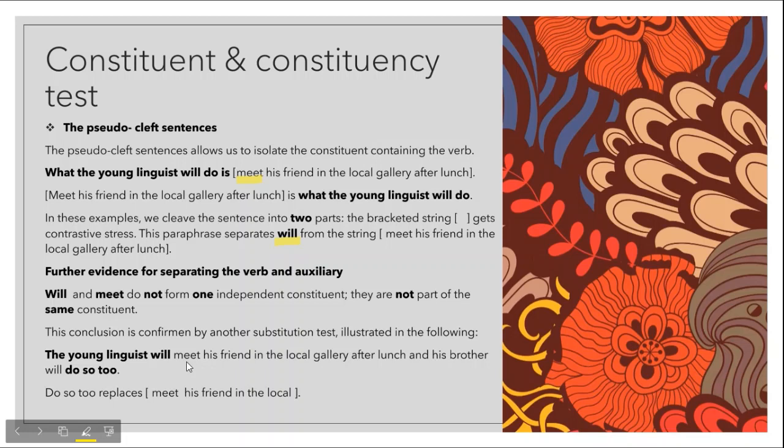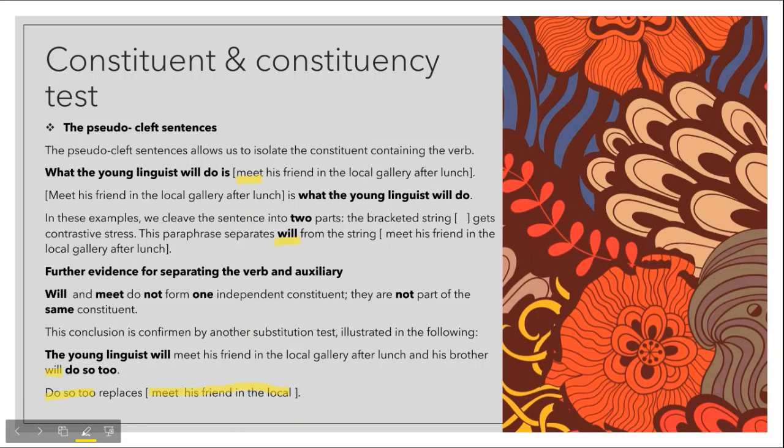The young linguist will meet his friend in the local gallery after lunch, and his brother will do so too. Do so too replaces meet his friend in the local gallery. So this replaces all of it for us, but it doesn't include will. Why? Because look, will stayed here as it was, and do so stayed as it was. Okay, so it gave you something to prove that the auxiliary and the verb are not one constituent, or something like that, just like you use the pseudo-cleft sentence.